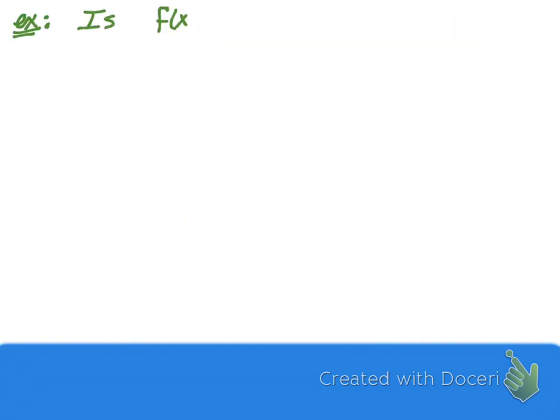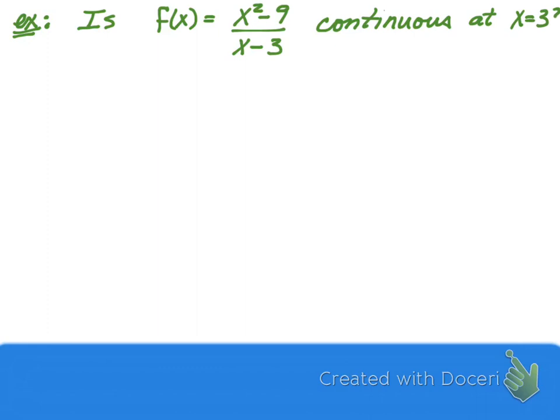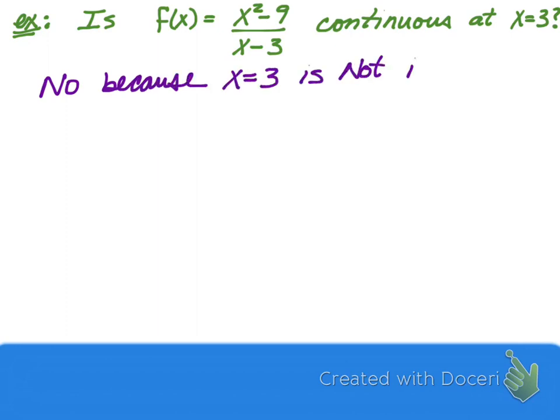So let's look at that function that we already had before, x squared minus 9 divided by x minus 3. Is it continuous at x equals 3? Well, the main answer is no, because x equals 3 is not in the domain. So that's it.